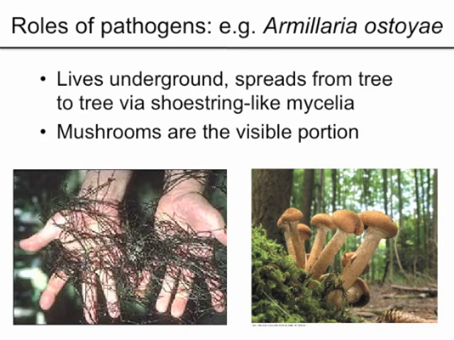So there are also fungal pathogens. So here's one that lives underground and spreads from tree to tree via these shoestring-like mycelia. It spreads along the tree's roots and grows through the soil.